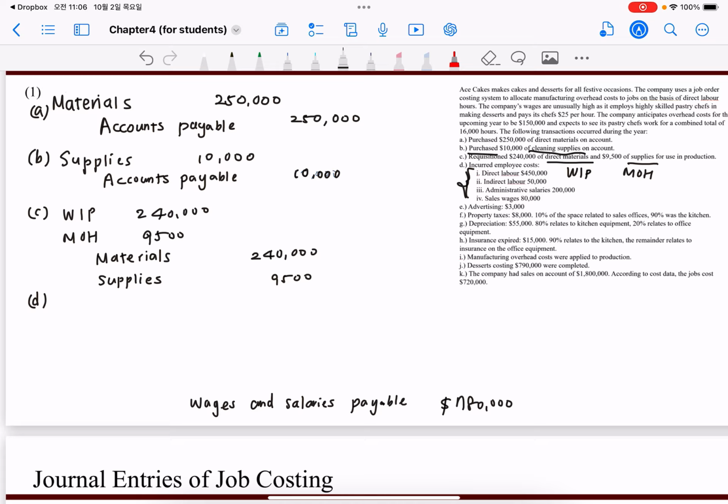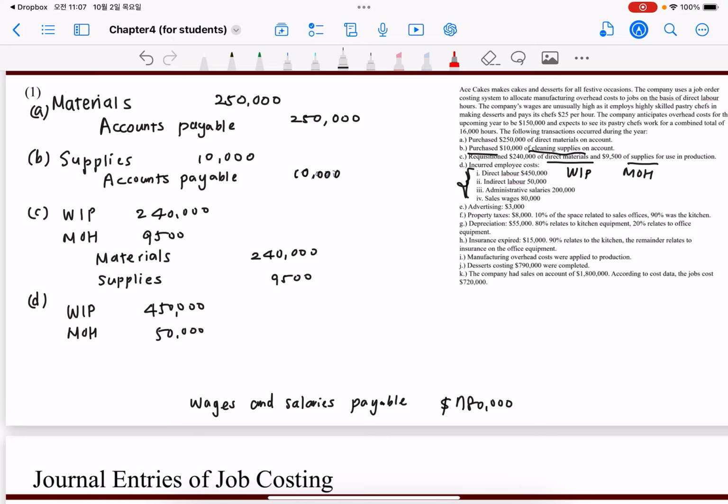The way we're going to debit differs by cost type. For direct labor cost, we directly transfer it to work in process. For the indirect labor, we use the MOH control.